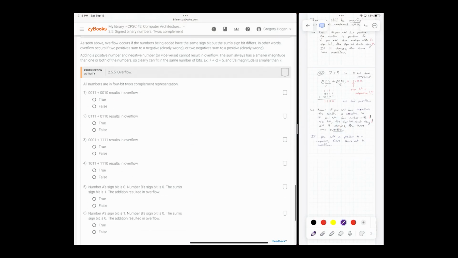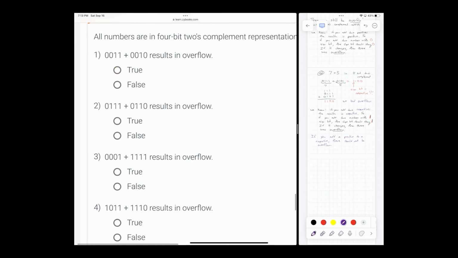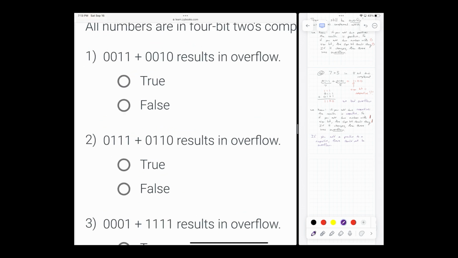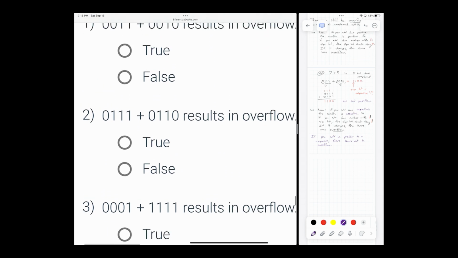So with that said, they just want you to check if there's overflow here. You just need to add them and see if the sign bit changes. Looking here, on the first one, we would have to check because the sign bit is 0 in both cases, right? So we have to add them and make sure that it doesn't change to a 1. On the second problem, we also have to add them to see if it's overflow.